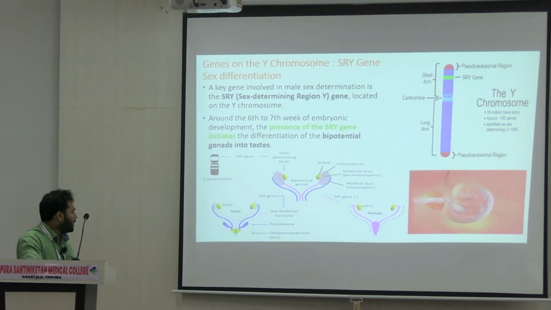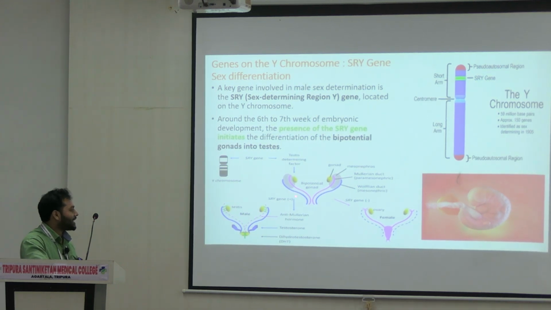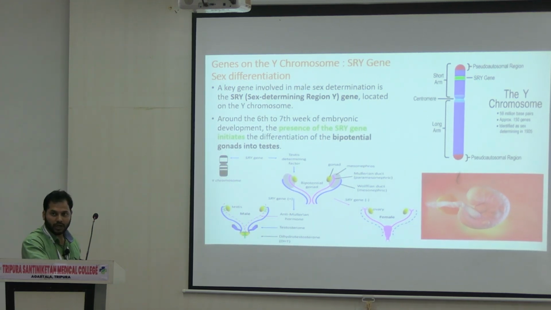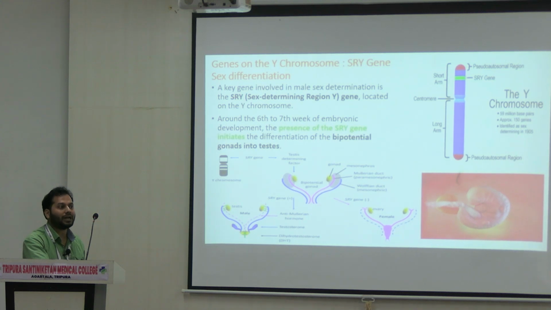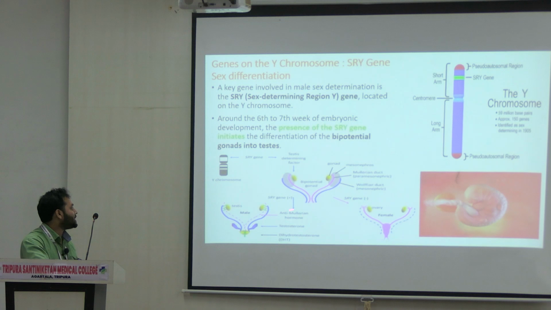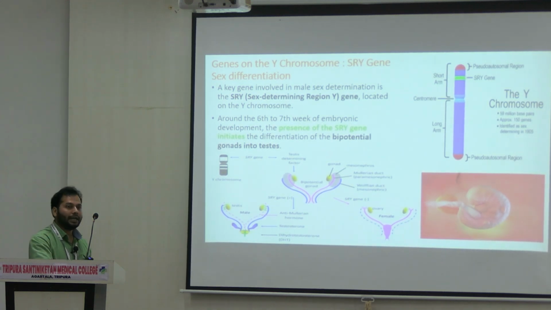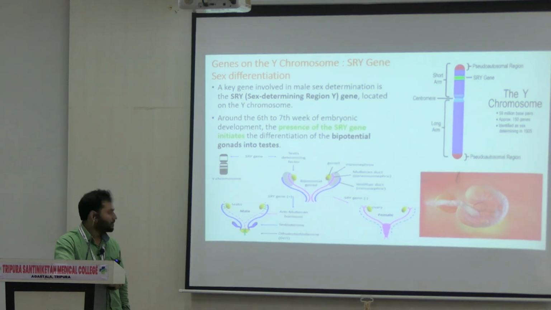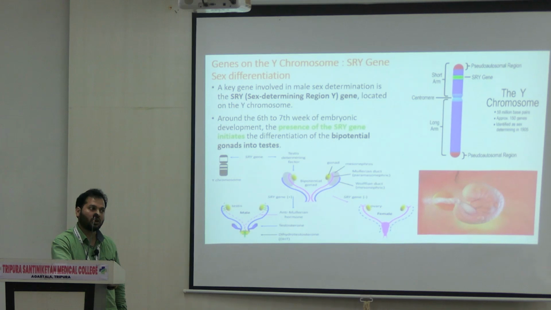You can see from here, in the presence of the SRY gene in the Y chromosome, it promotes the synthesis or secretion of a certain type of hormone that are called male hormones. So what are those male hormones? One is anti-Mullerian hormone or Mullerian inhibiting substance or MIS, testosterone and dihydrotestosterone.